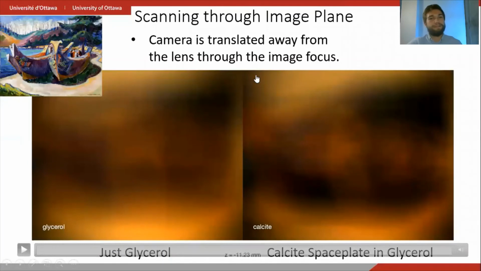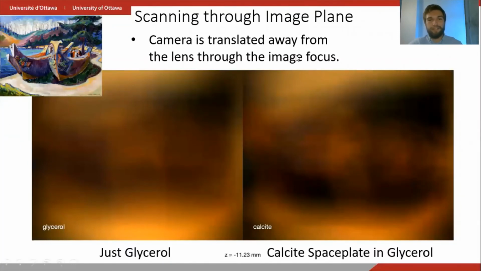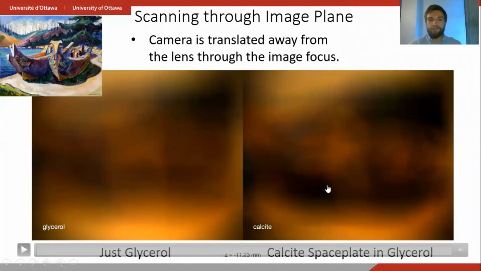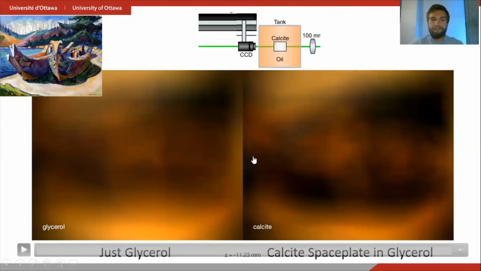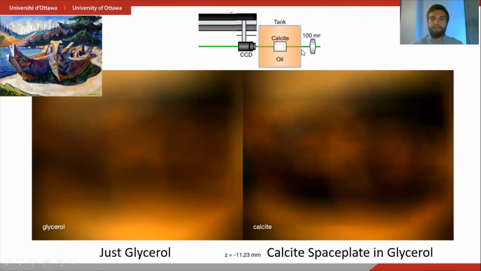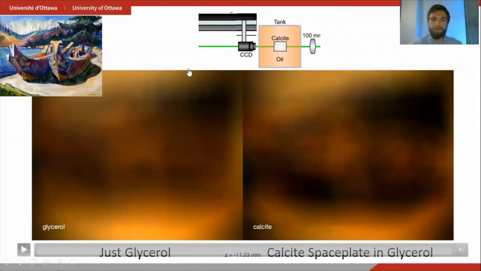So let's see what happens. We will translate a camera through the image plane, and we should observe the image formed through the calcite first, and then we should see the image formed through just the background medium from a separate trial.